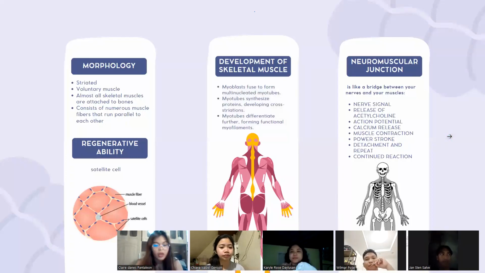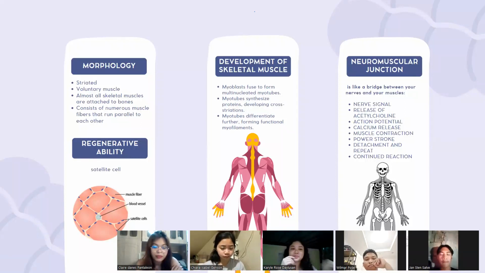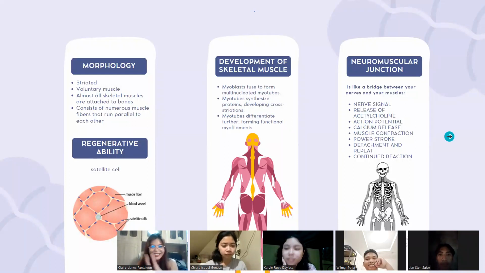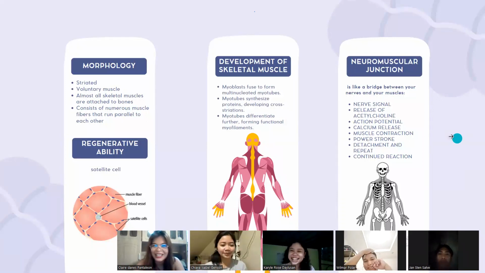And also, when your muscles are damaged, they are able to regenerate themselves. And what cell gives the regeneration of the skeletal muscle? I think satellite cell. Okay, that is correct. Satellite cells. Wow, a round of applause for Mr. Pular. Now, can someone please explain the development of skeletal muscle?